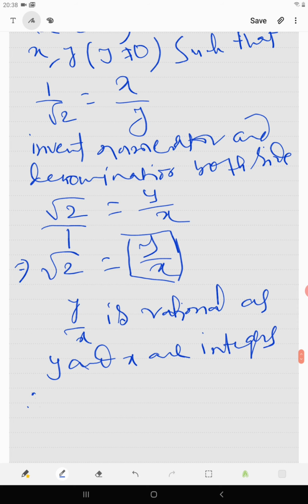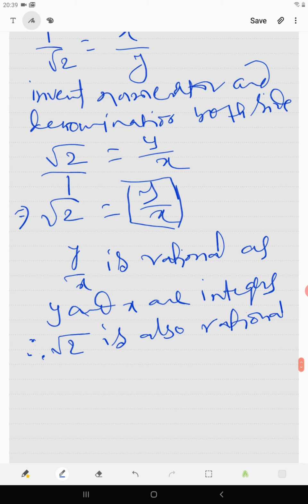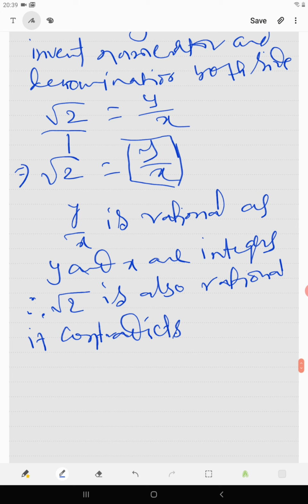Therefore root 2 is also rational. So is root 2 rational? No, it's irrational. So it contradicts our assumption. This statement contradicts, as we know root 2 is irrational.